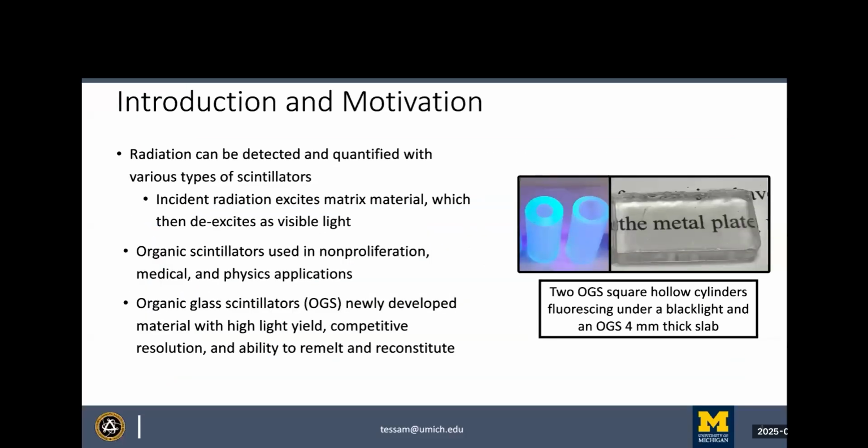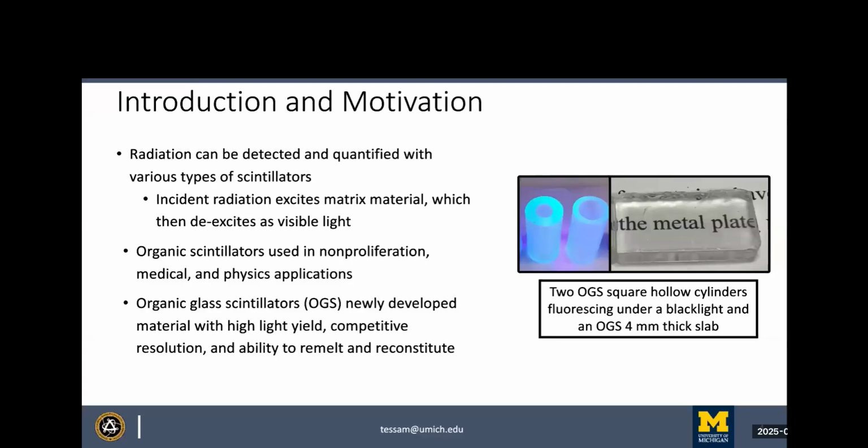First, a little bit of a brief introduction and motivation. If you guys have been in the summer school, you probably know by now that radiation can be detected and quantified with various types of scintillators, in which incident radiation excites the matrix material and then it de-excites as visible light. Organic scintillators specifically are used in non-proliferation, medical, and physics applications.